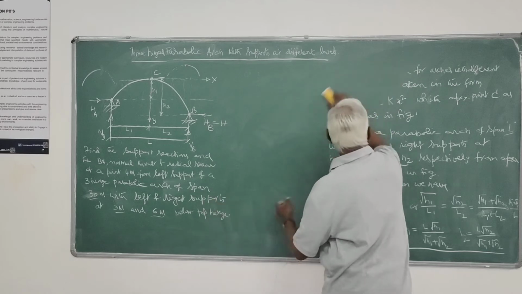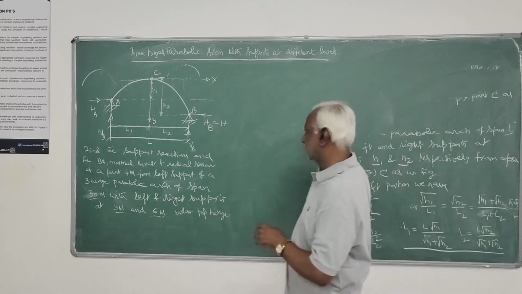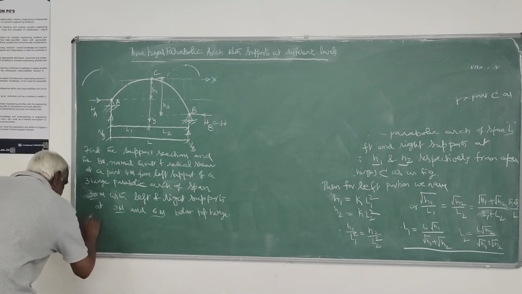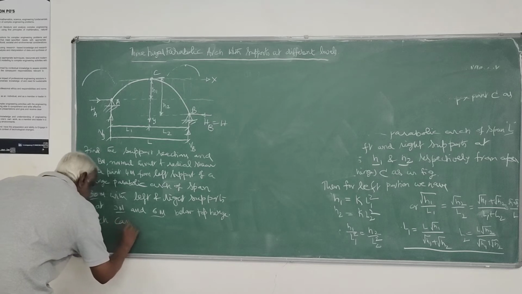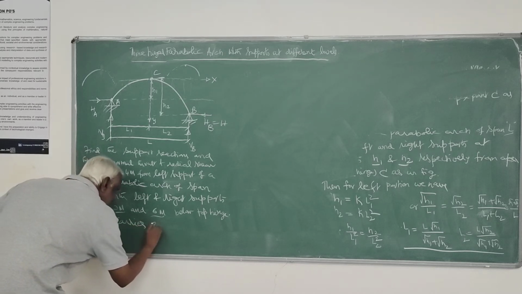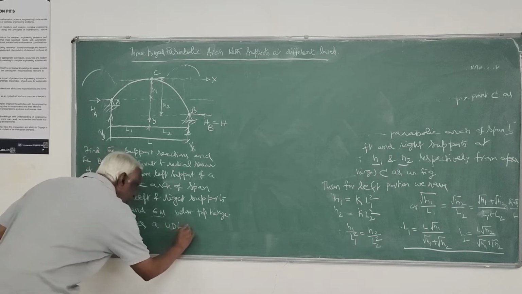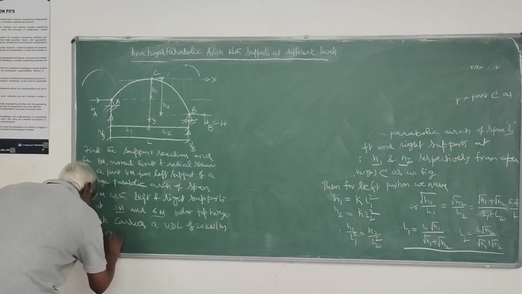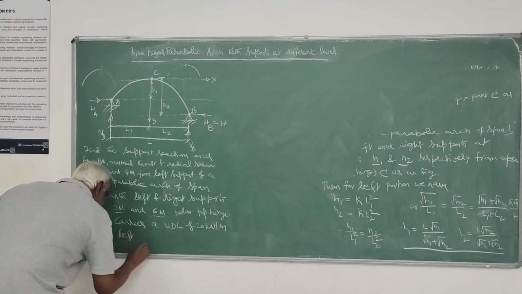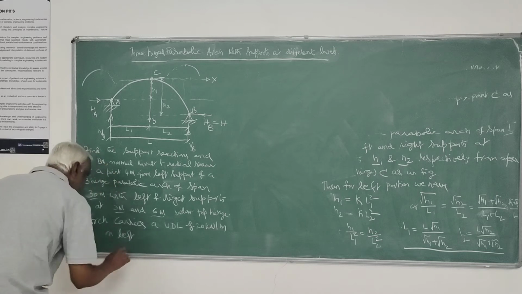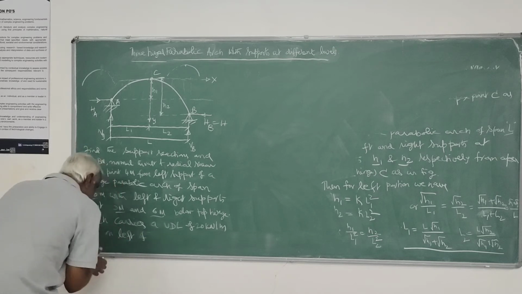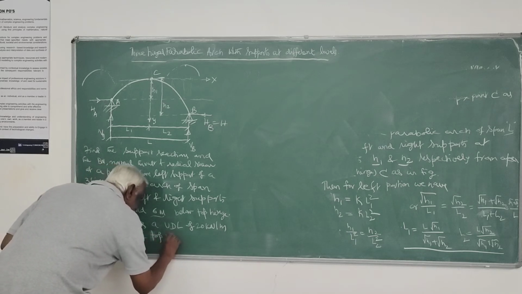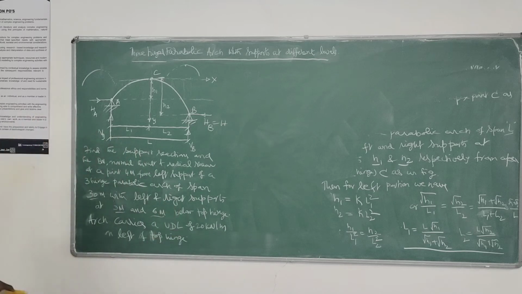Now, first step. The arch carries a UDL of 20 kilonewton per meter on the left of the top hinge.